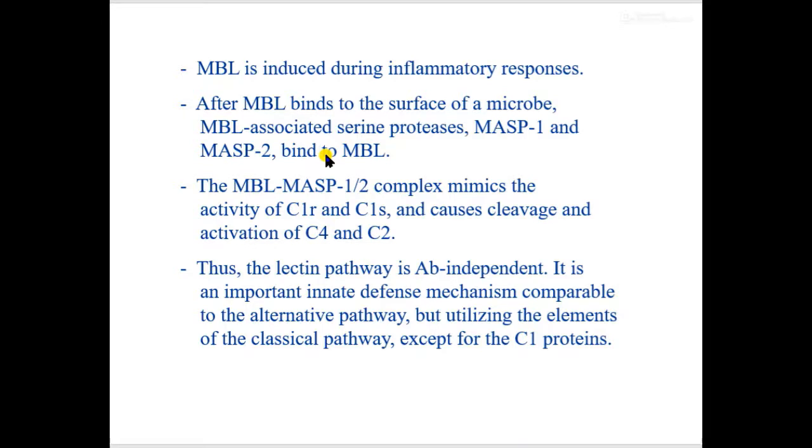The lectin pathway, just like the alternative pathway, is an antibody independent pathway, an immune defense mechanism comparable to the alternative pathway, but the elements of the classical pathway except the C1 proteins are utilized over here. So now let's see what are the different components which are formed within it.